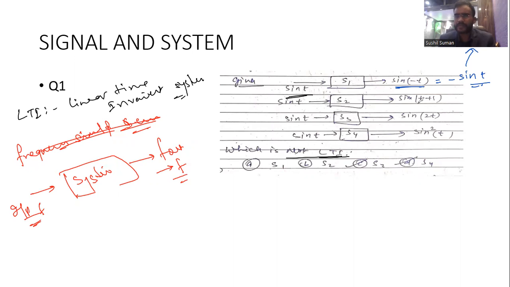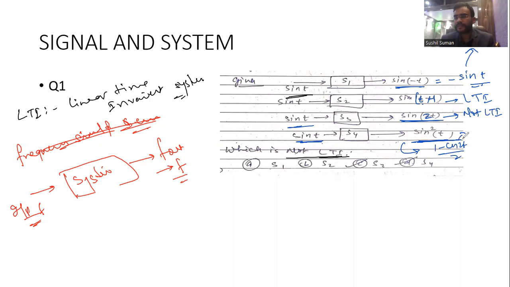Sin T becomes sin of T plus 1. Here also omega is 1, so this is your LTI system. Now sin T becomes sin 2T. There is a change in frequency, so this is not LTI. Sin T becomes sin square T. Sin square T you can write as 1 minus cos 2T divided by 2.